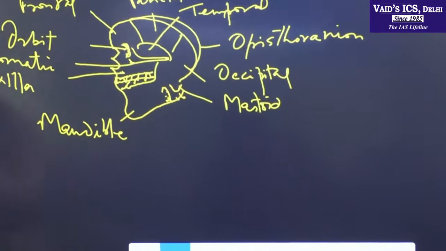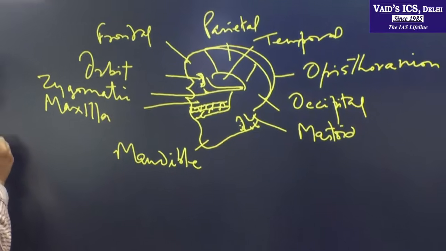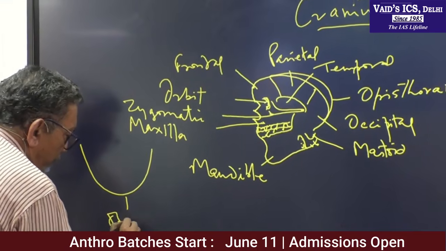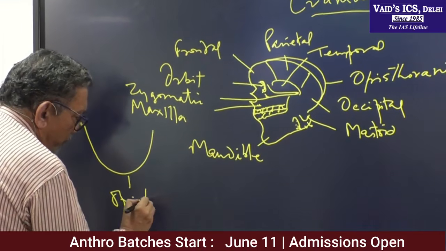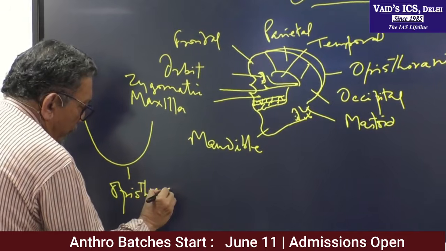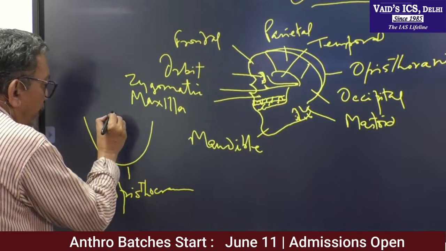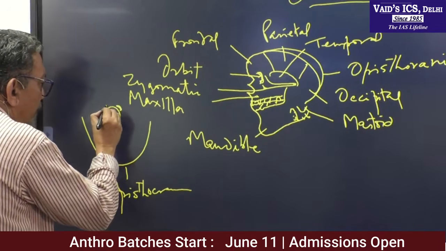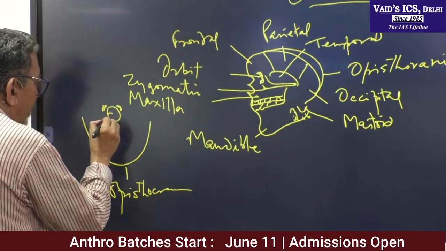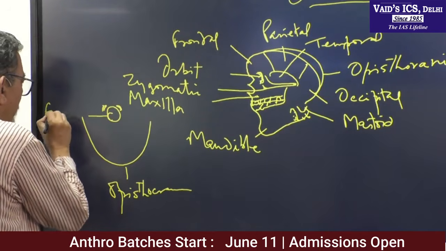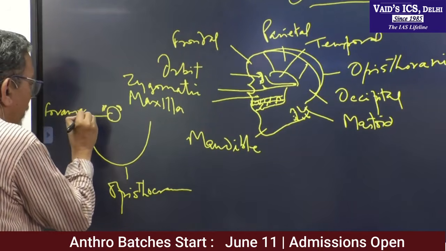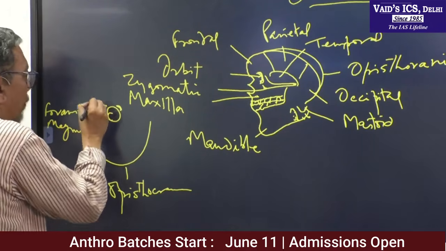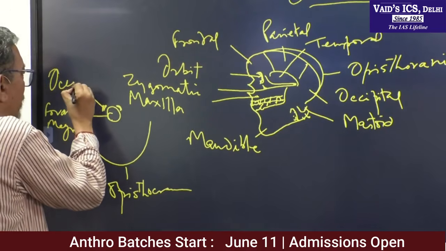If you look from the base, here is opistho-cranian. Here you have that large hole surrounded by two raised areas. This is your foramen magnum. Here you have occipital condyle.